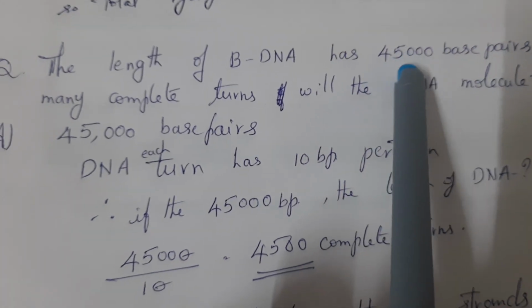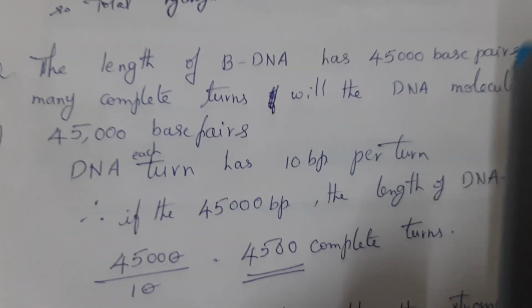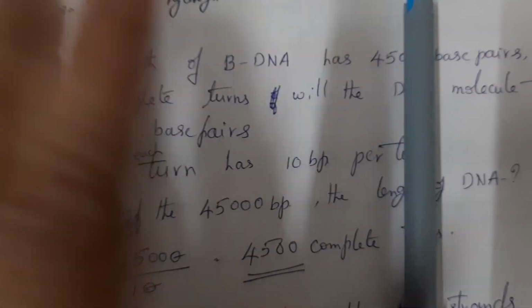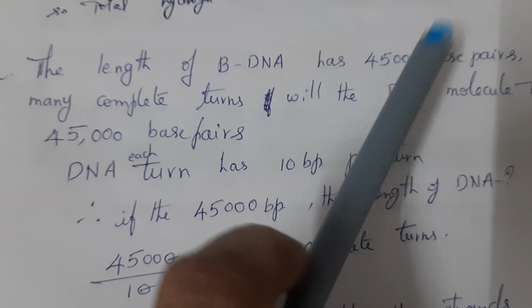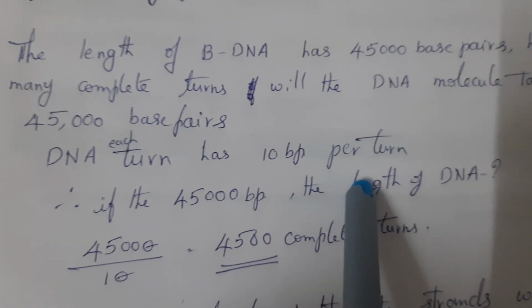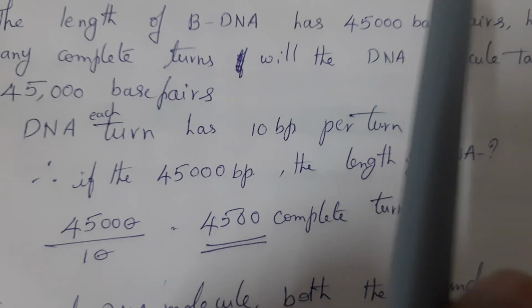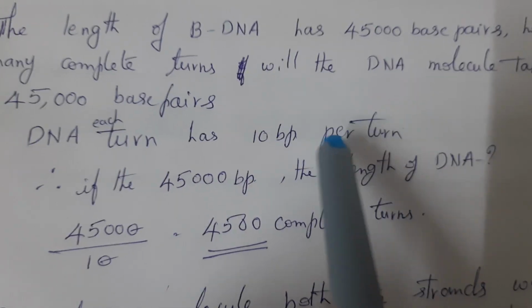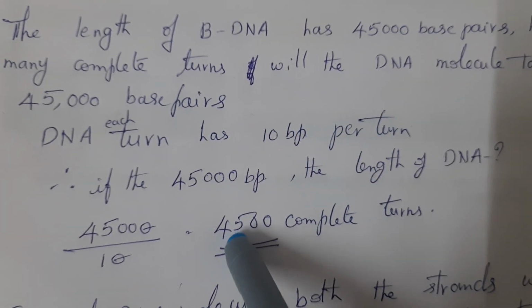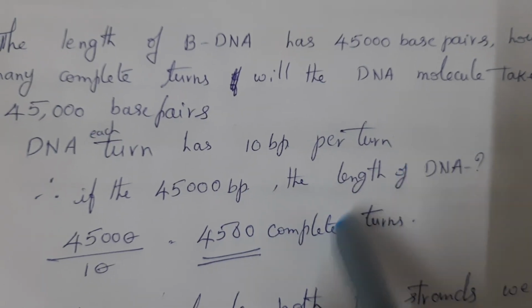The number should be divided by 10, then the answer will come. Remember, because in one turn there are 10 base pairs. Here they have given the base pairs, but they are asking for the turns. So this number divided by the basic number, that is 10, then we are getting the answer as 4,500 complete turns.